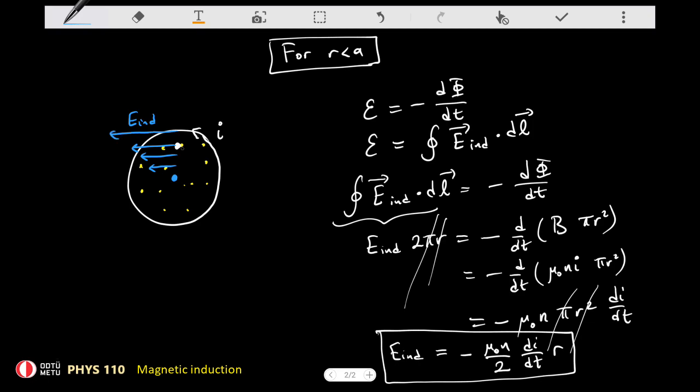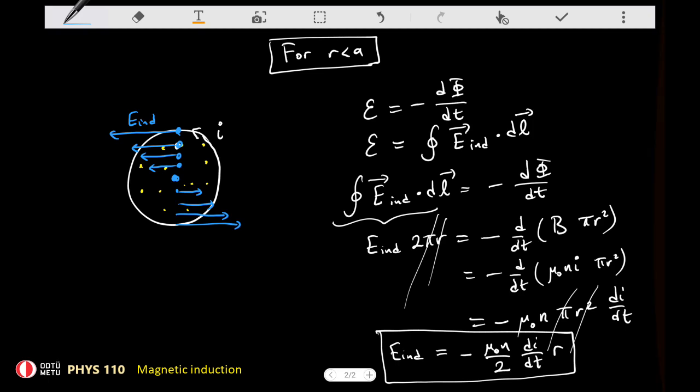So as a result, at these 5 special points, the induced electric field would be like that. At this point, it would be like that, and so on. So as you go away from the central axis, the induced electric field increases from 0 and it reaches its maximum value right at the edge of the solenoid.